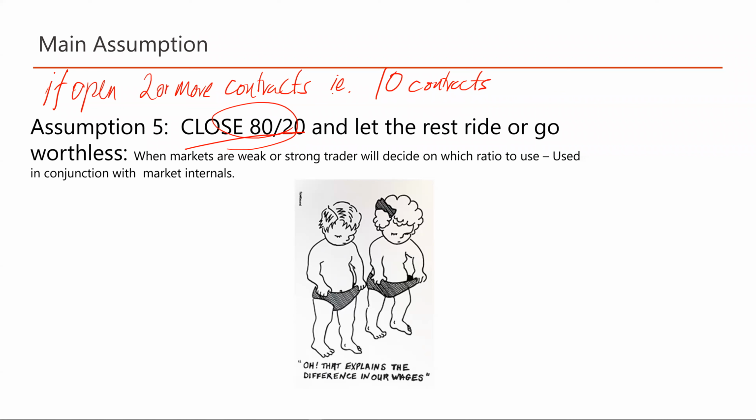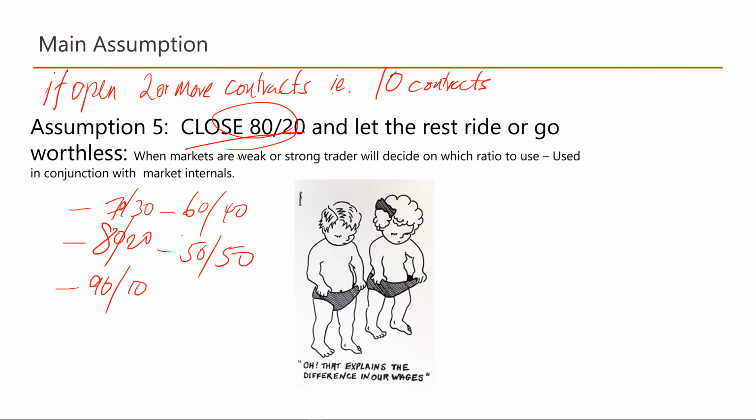So you open up 10, close off 5, and then the rest of the 5 is pretty much free. Or under certain circumstances, using the market internals, you can make an assumption to close up to 80-20, 90-10, 70-30, 60-40, 50-50.